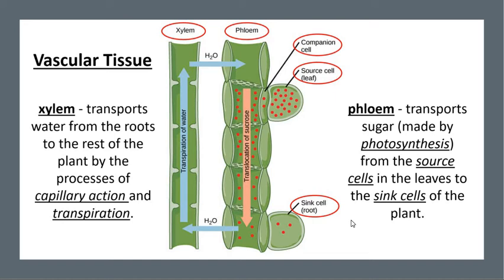The way to remember which one goes which way, phloem flows down. It's stupid, it's basic, but I remembered it from middle school and I'm old, so if I can remember it, you can remember it. Phloem flows down. Okay, and it's not going to be taking water because there's no water up high, so it has to be taking the sugar down.